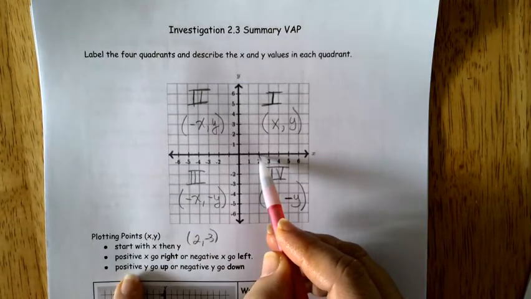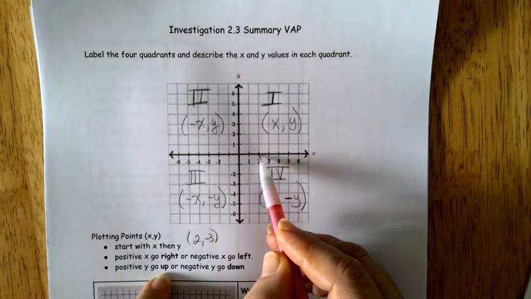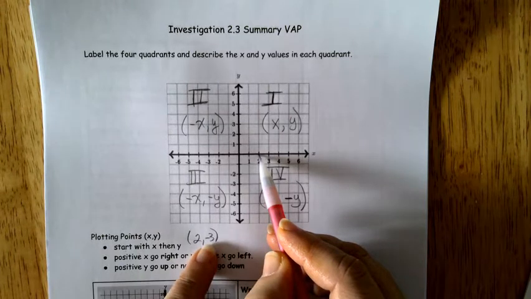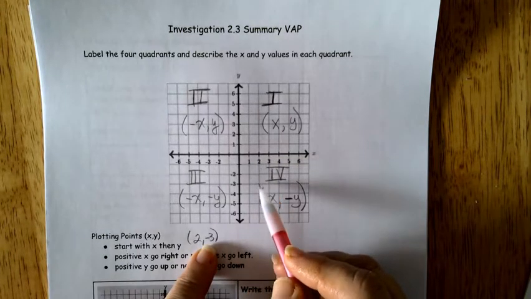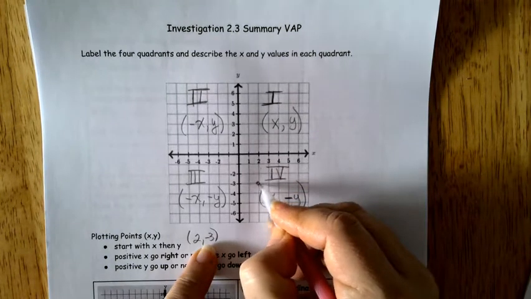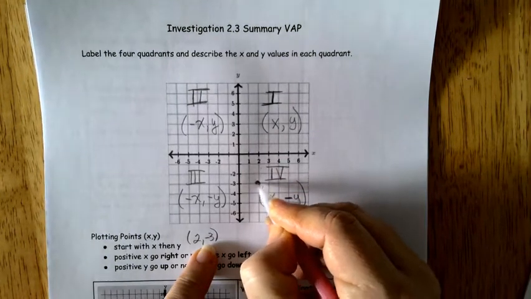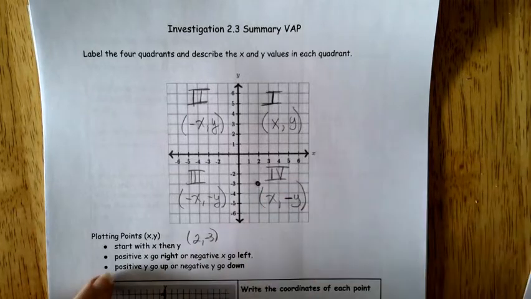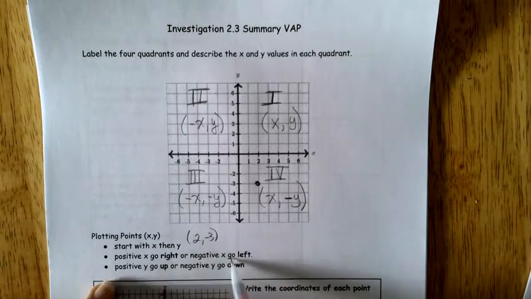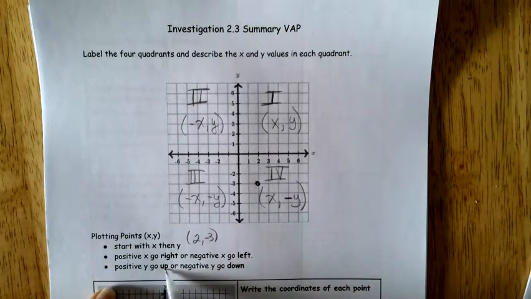And then my y, positive goes up or negative goes down. So I have a negative y, so now I will be going down 3. 1, 2, 3. So that point, (2, -3), is right here. So once again, positive x goes right or negative x goes left. Positive y goes up or negative y goes down.